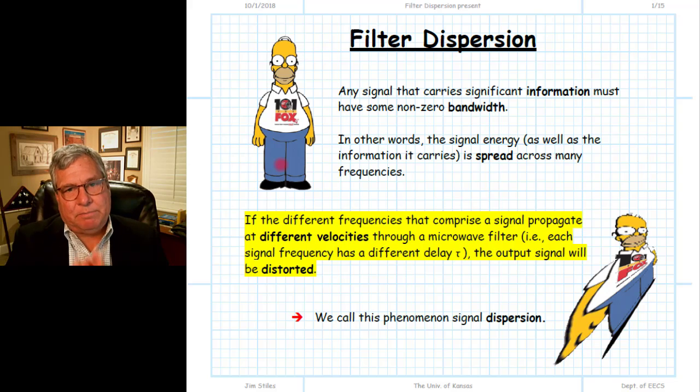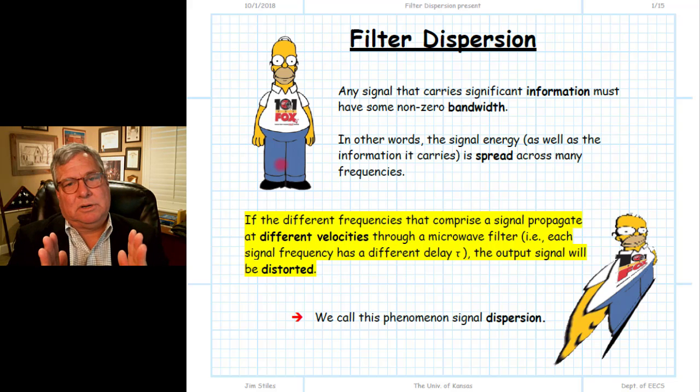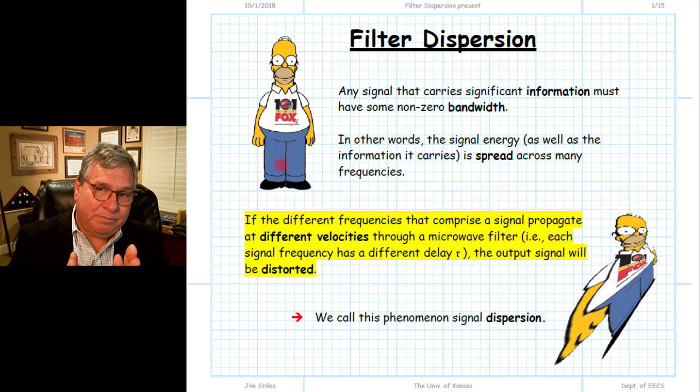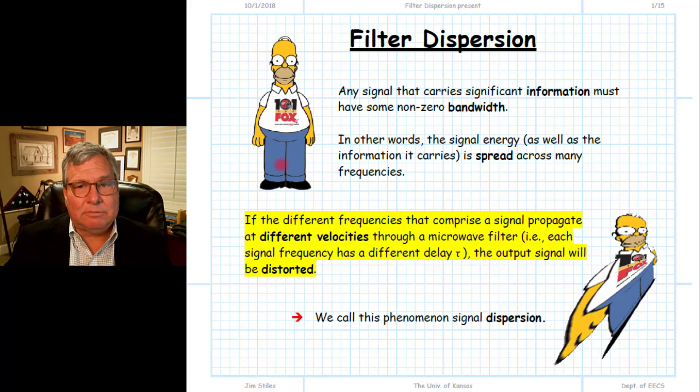And so instead of a pure tone at exactly 101.1, the transmit signal is a cluster of tones centered at 101.1 megahertz, but really extending from 101.0 to 101.2, a frequency band of 200 kilohertz. Now, 200 kilohertz is a pretty small bandwidth percentage-wise compared to the center frequency of 101.1.